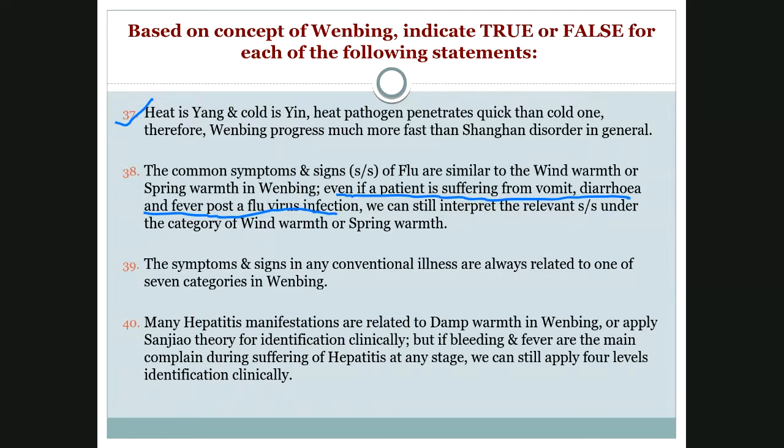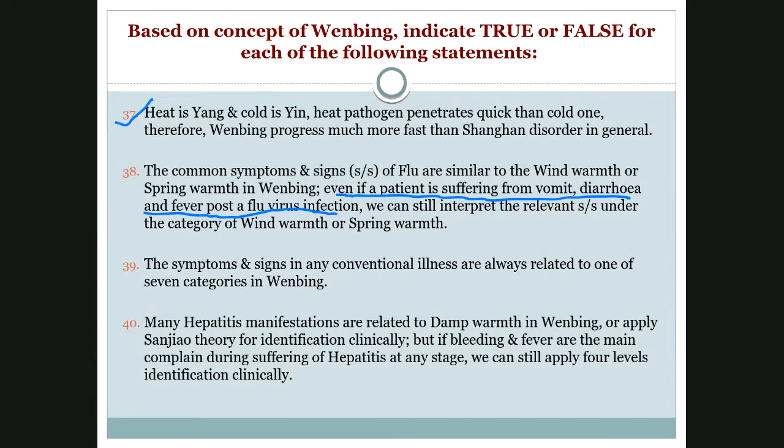So when you're selecting conditions in one of the categories of Wenbing for your assignment, do be careful selecting relevant clinical manifestations. If you include everything, all the possible clinical manifestations, you will need to spend quite some time interpreting properly according to the proper syndromes correlated with the 7 categories in Wenbing.